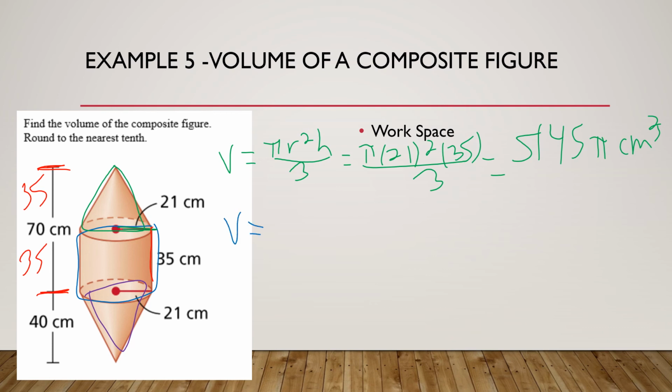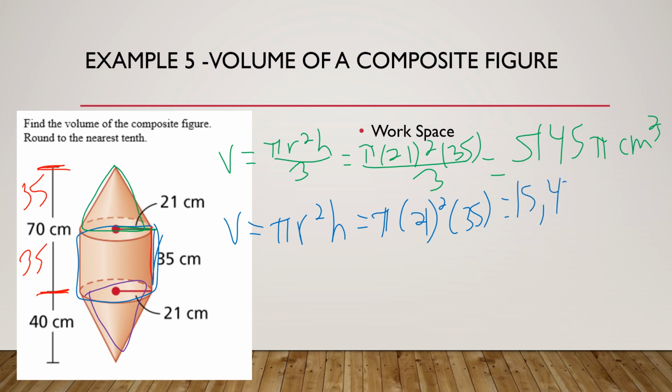So if we look at our notes from last week, volume is equal to pi r squared h. We'd have our pi. Radius is still 21 squared. They tell us my height of my cylinder is 35. Multiply that out, we get 15,435 pi, and again, centimeters cubed.